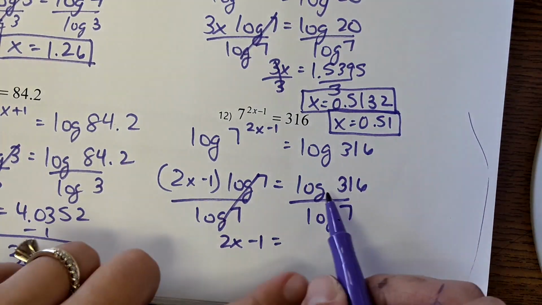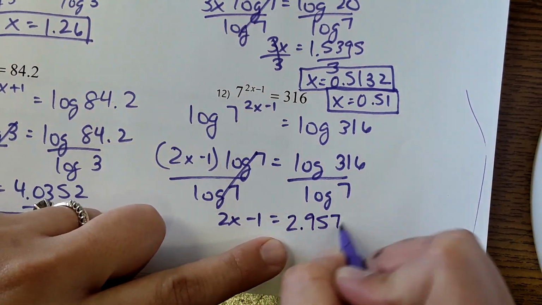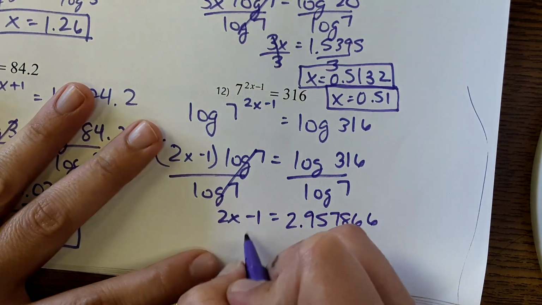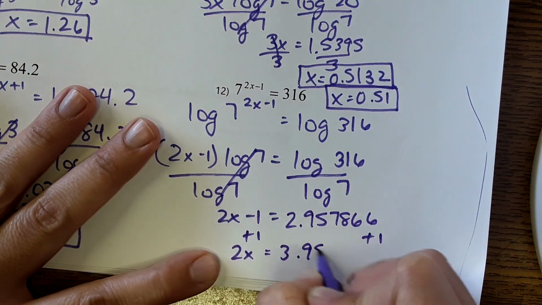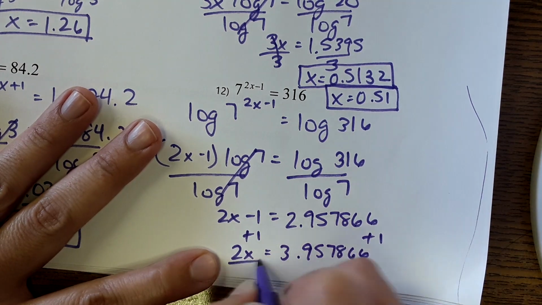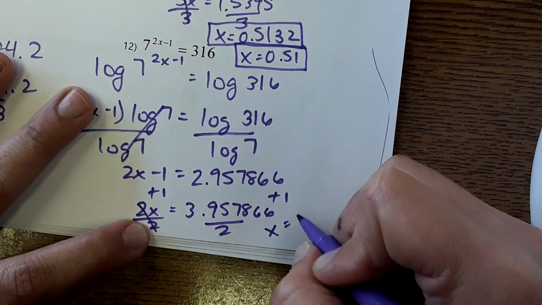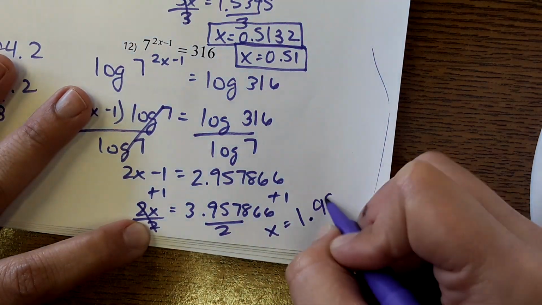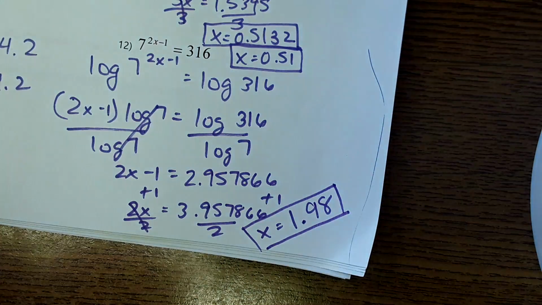And this log of 316 divided by log of 7 is this number. Add 1 to both sides. 2x equals 3.957866. Divide by 2. And it comes out to 1.98 if I round to the nearest hundredths place. So there is the value there.